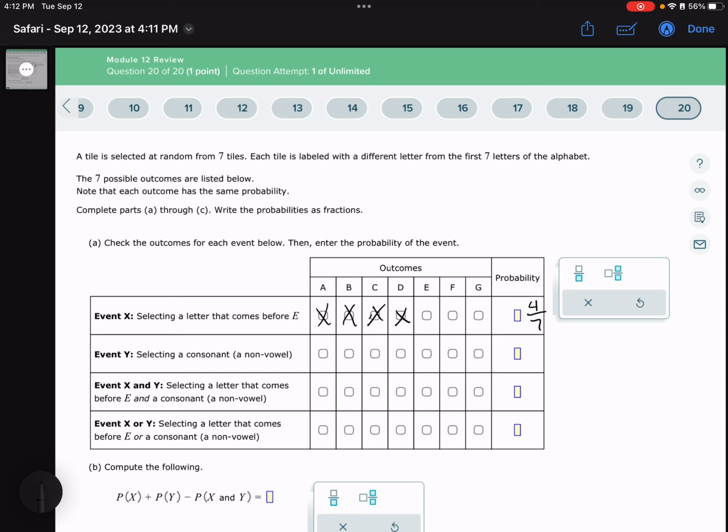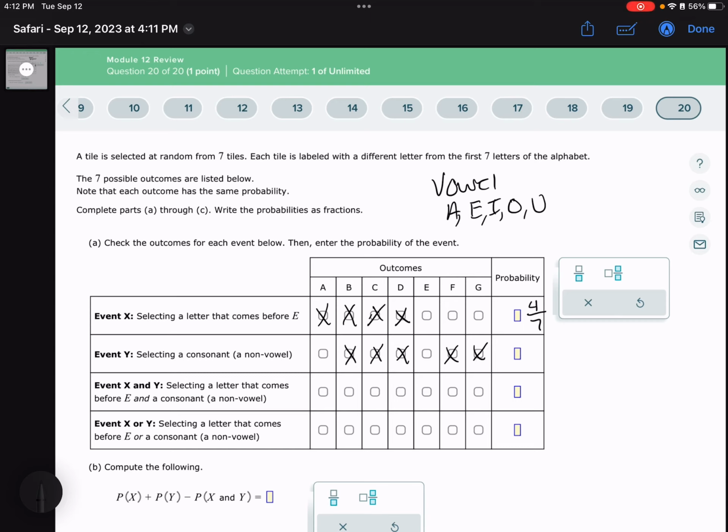The next one is a non-vowel. Vowels are A, E, I, O, and U, as well as sometimes Y. I don't think it ever goes that far out. So my non-vowels or my consonants are B, C, D, and F, as well as G.